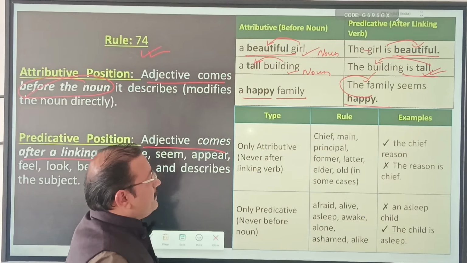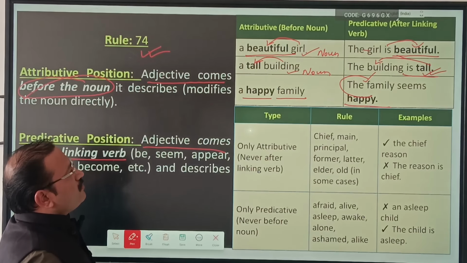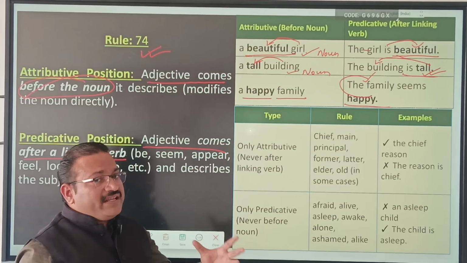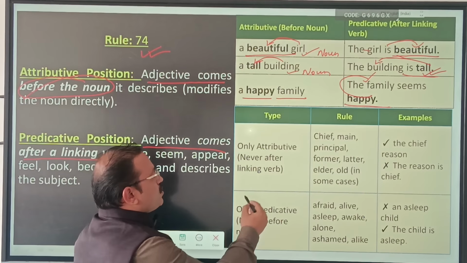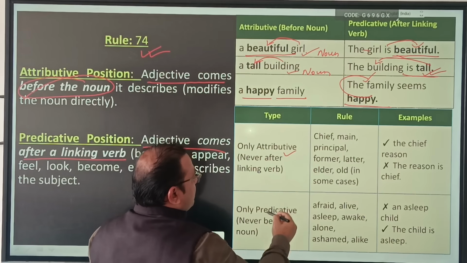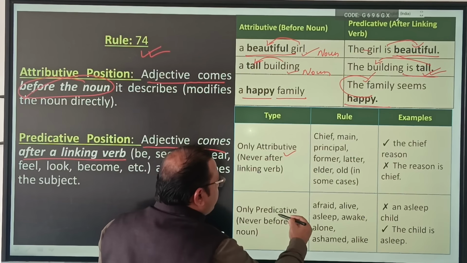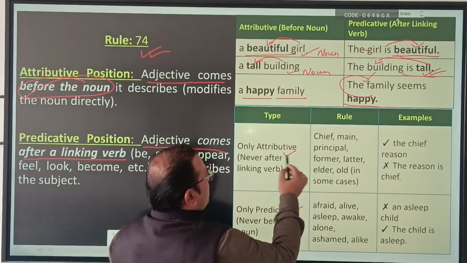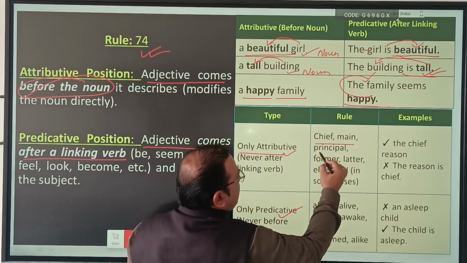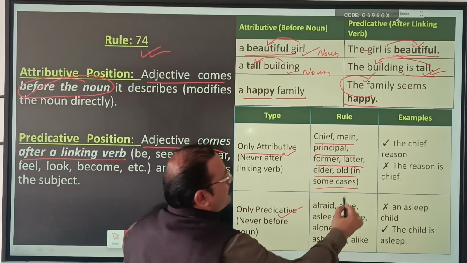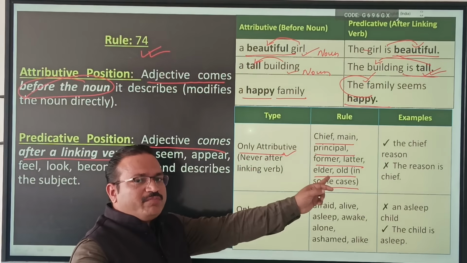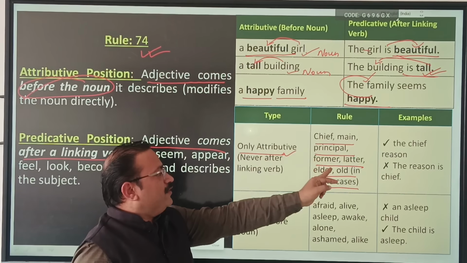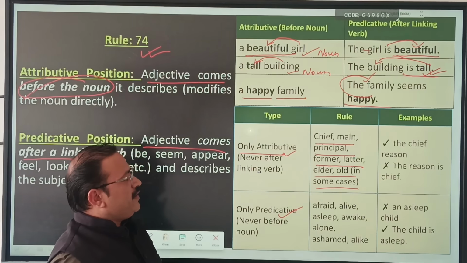Most of the adjectives can be used in attributive positions, but which can only be used as attributive and only predicative? Let us understand this. These are a few only attributive, which means these adjectives will always come before a noun. They cannot be placed after a noun or after a verb. They will always come with a noun.